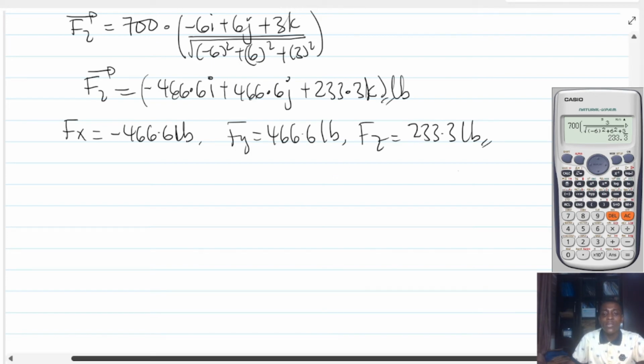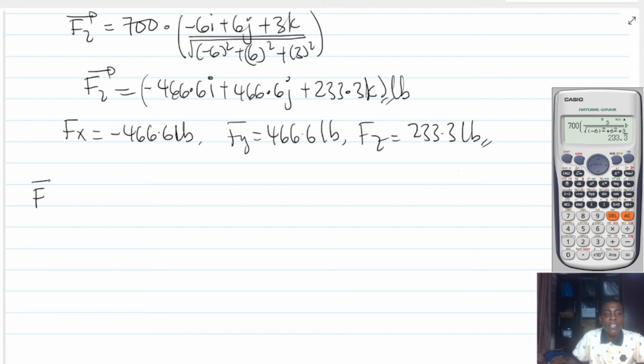Now at this point, what we want to do is find the angle between the two vectors, and the geometrical property for doing this is what we call the dot product. If I know the dot product between two vectors, I can find the angle between the vectors. So I can say that the dot product of F1 and F2 should be equal to the magnitude of F1 multiplied by the magnitude of F2 cosine alpha, which is the angle between F1 and F2.